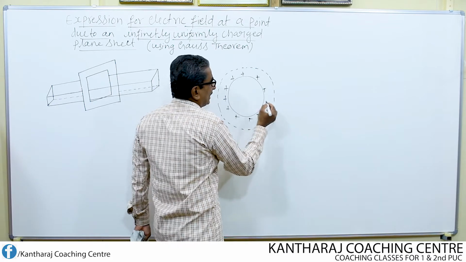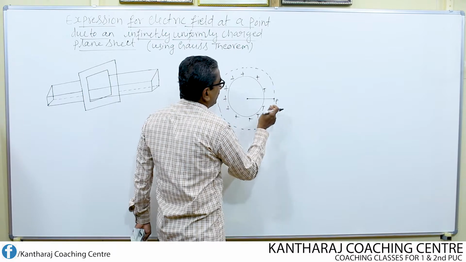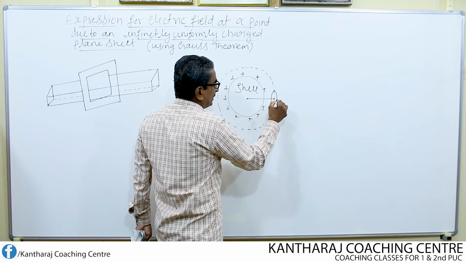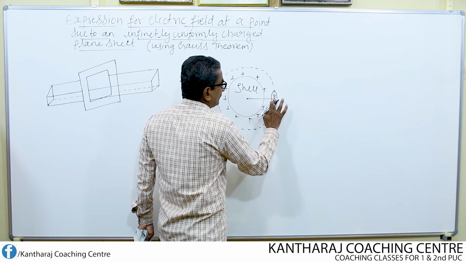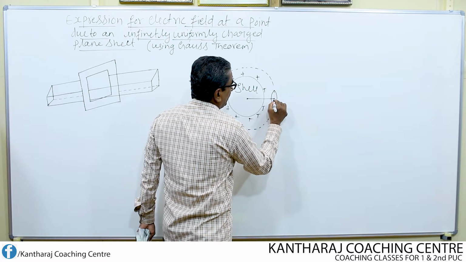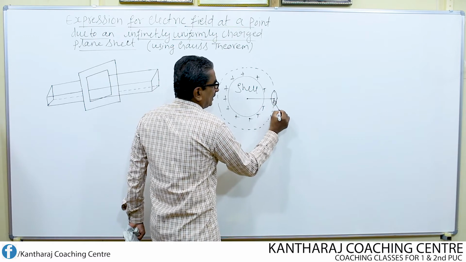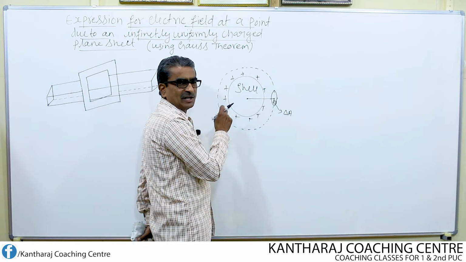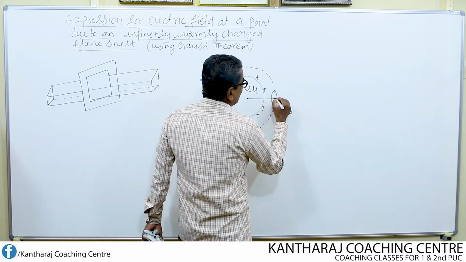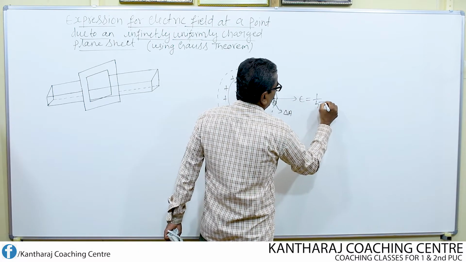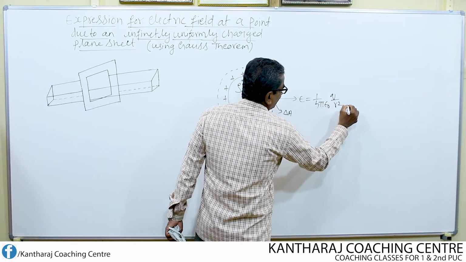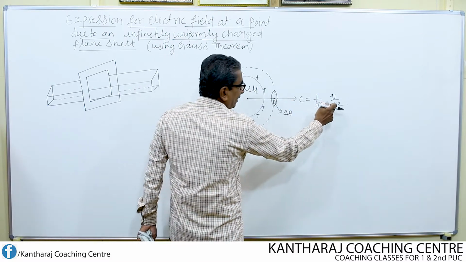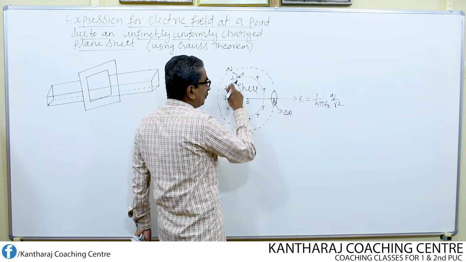we determined the electric field at a point P outside this spherical shell by choosing one small elemental area all around the point P. All around the point P, we selected one small area delta A, and the electric field at this point due to this entire charged spherical shell is determined as 1 over 4 pi epsilon naught q by r square, where q is the charge given to the shell and r is the distance of the point P from the center O of the shell.